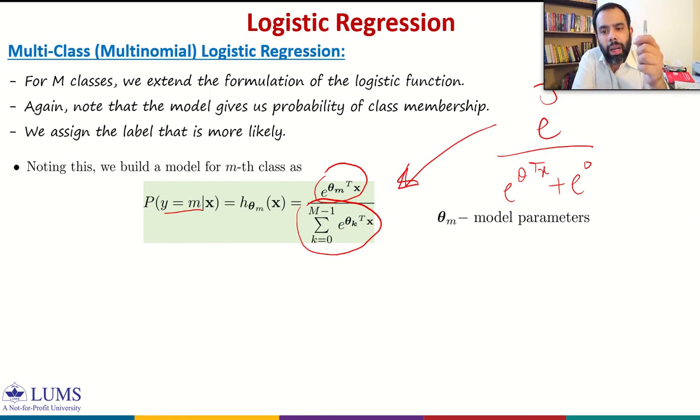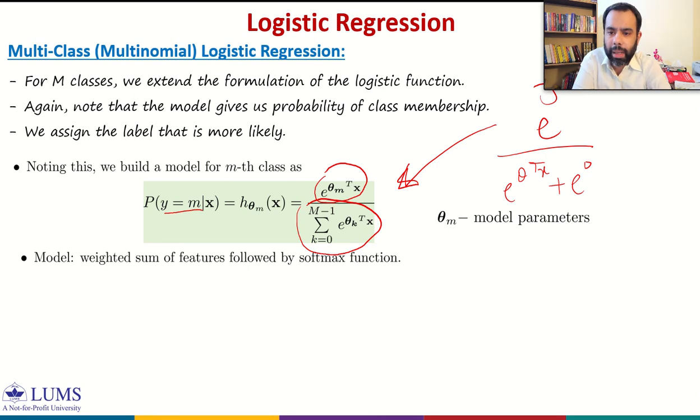So for the mth class, we have exponent of theta m transpose x in the numerator, divided by exponent of theta 0 transpose x, theta 1, theta 2, and so on. So we can say a model is a weighted sum of features, and after the weighted sum of features, we simply use a softmax function. So this is a softmax function.